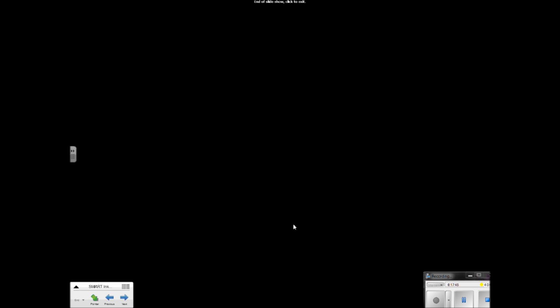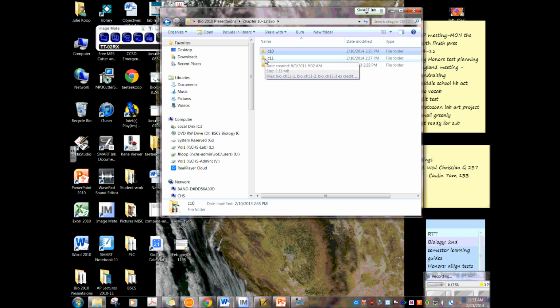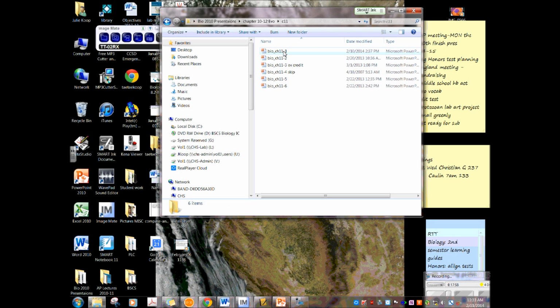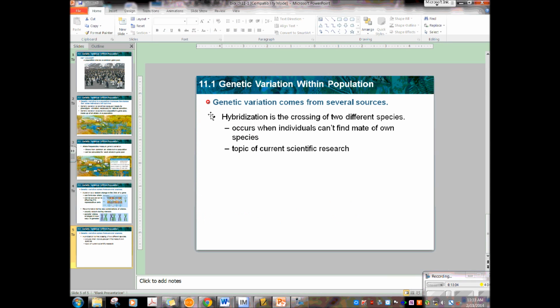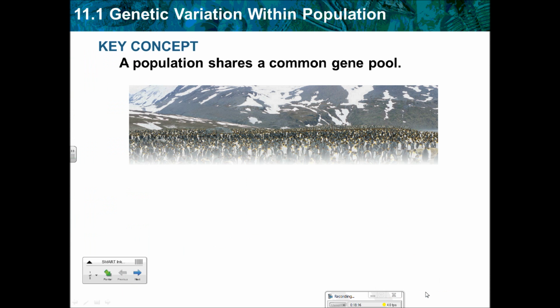Okay, one more. It'll go much quicker. 11.1. So we've been talking about big changes. This chapter is going to talk more about little changes within populations.